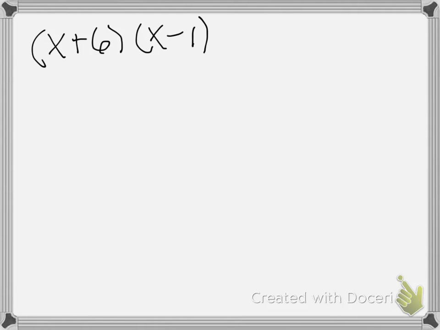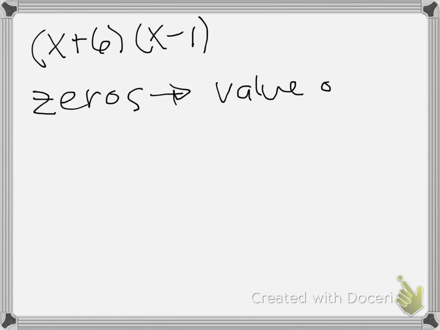And we want to find the zeros. Well, we want to find the value of x that makes the inside of the parentheses equal to 0. So this one should be pretty easy.